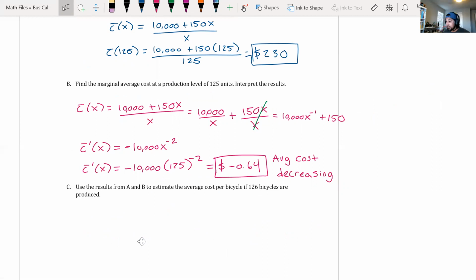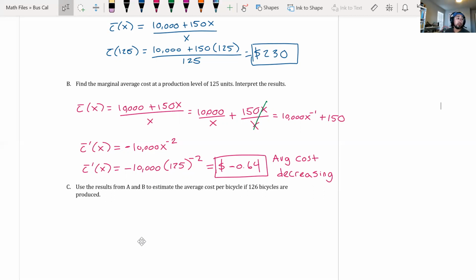It's beating the cost. That's why it's a negative amount, because our revenue is beating our cost. So these could all be factors, but again, these are just problems practicing: what's the average cost? What is the derivative of the average cost? And what does the derivative mean? It's important to interpret a derivative as, if it's negative, this means it's decreasing. If it's positive, this means it's increasing.